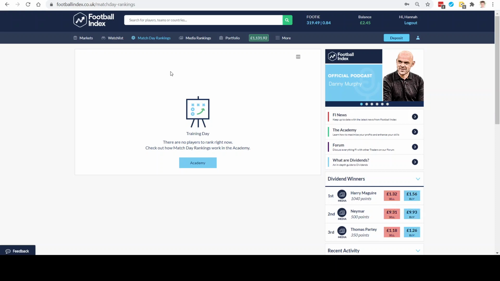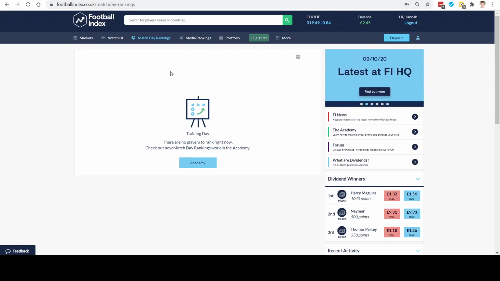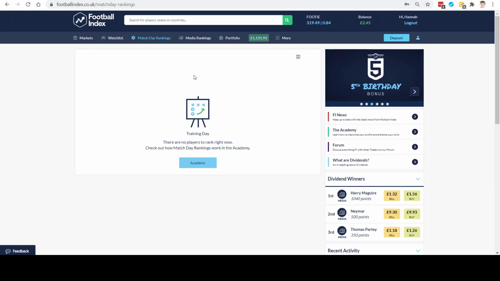Okay, so on match days this is where the rankings would appear. The rankings are live, so they will update in real time, and it's obviously based on real match stats. So it's worth checking out this page when you see that some matches are being played.